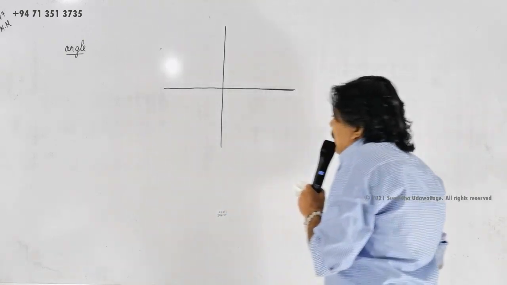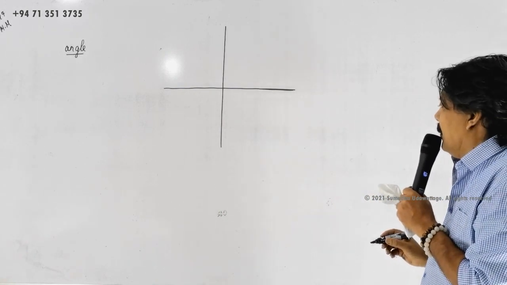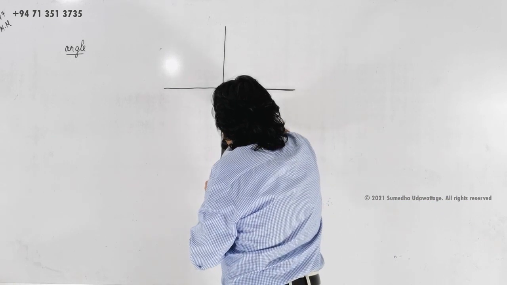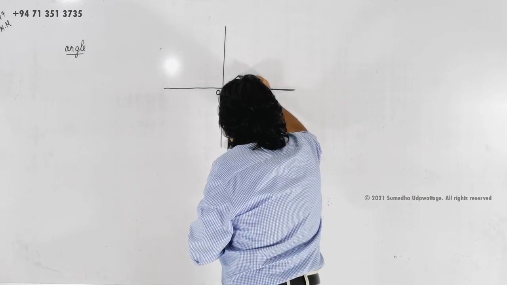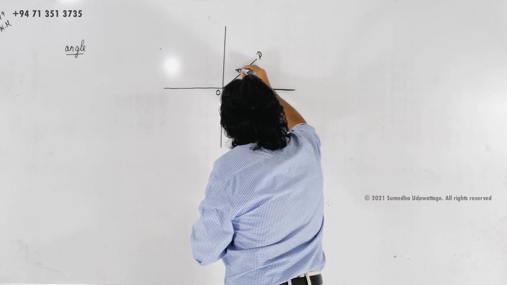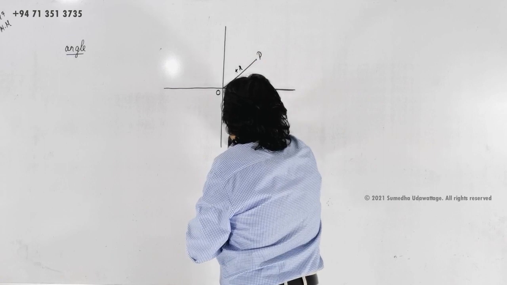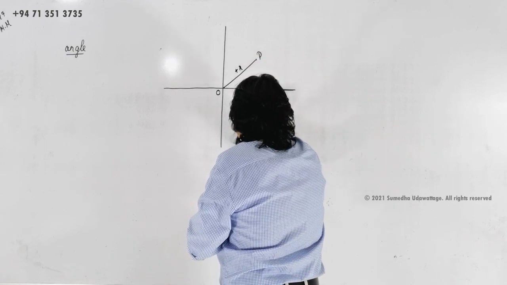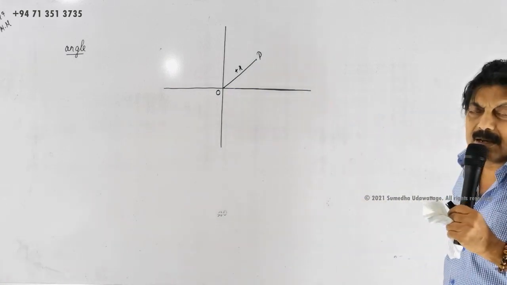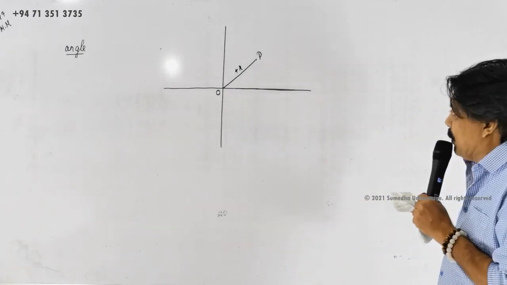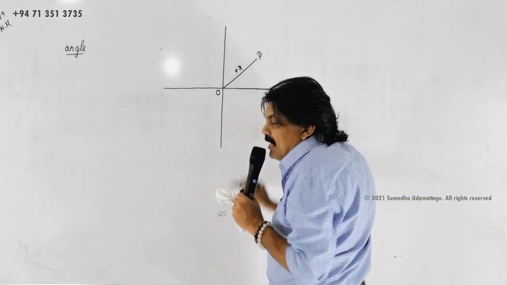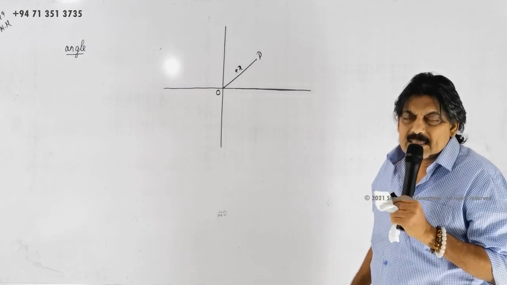You take a line segment OP of length plus R. Now you may ask me the reason you take it as plus R. We take it like that in mathematics. You take it as such.